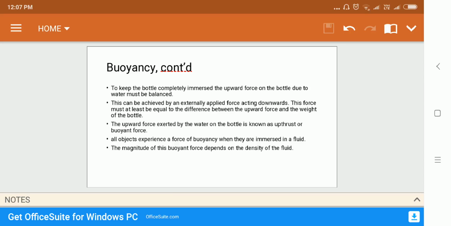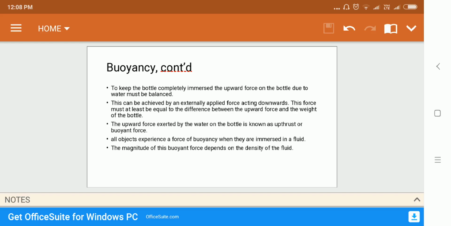The upward force given by the water onto the bottle is known as upthrust, that upthrust force is known as buoyant force or buoyancy. Clear? I repeat the concept.